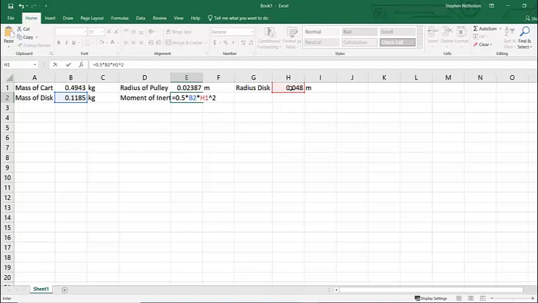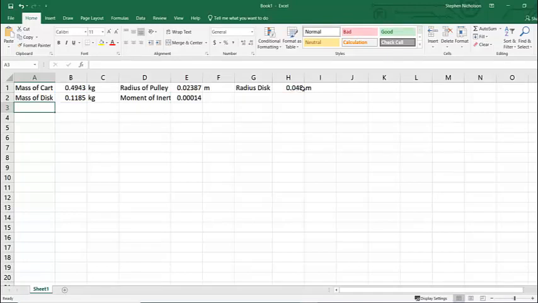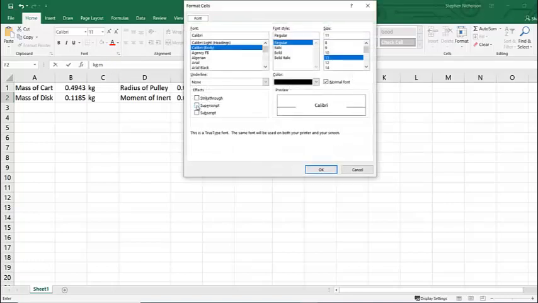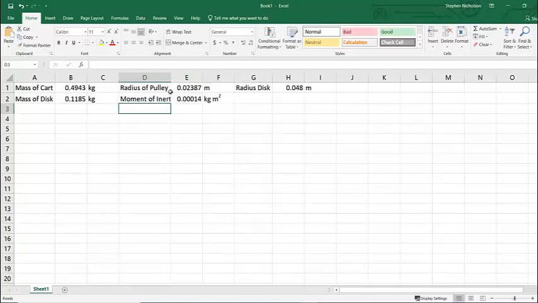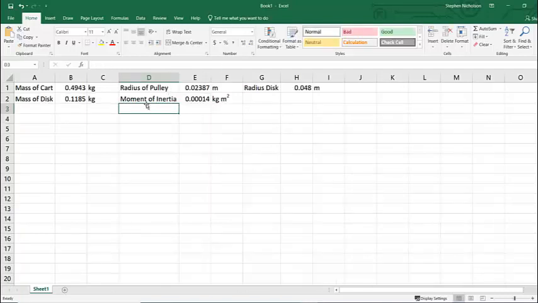And I should get what I have written on the paper, which I have 1.36 times 10 to the minus 4. So that is good. And units are kilograms meters squared. And let me double click between two columns to get those in the right width. Okay, so that's all the stuff we need.